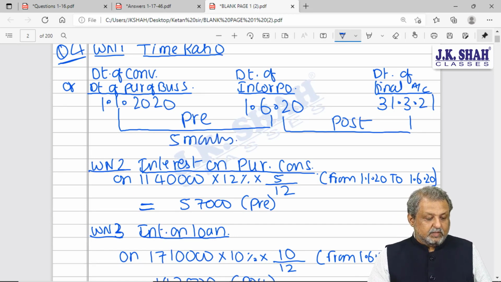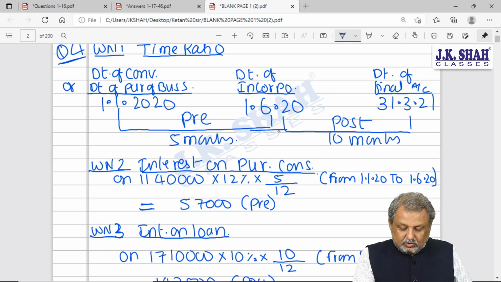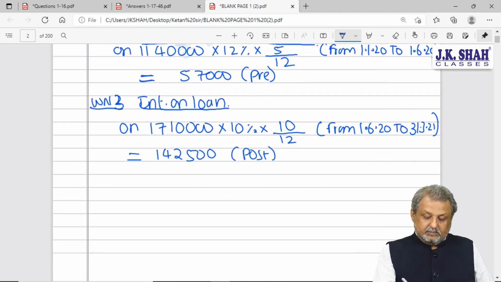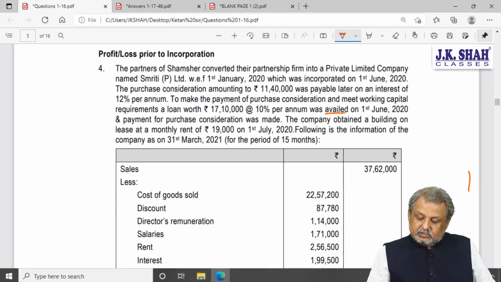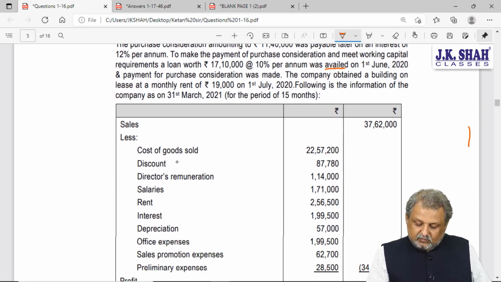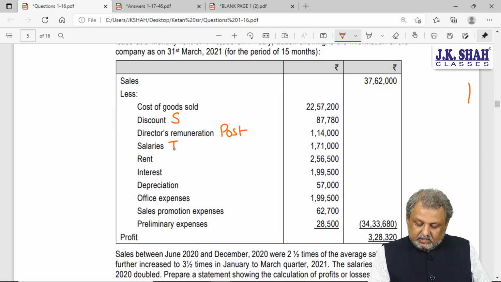But post-period is how many months? 10 months. So totally it is for 15 months. 1:2 is the time ratio. Then sales is given, COGS is given, discount. Normally discount will be in sales ratio. Director's remuneration will be in post. Salaries will be normally time. But rent you will prepare working note 4.